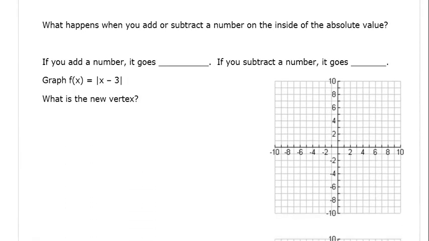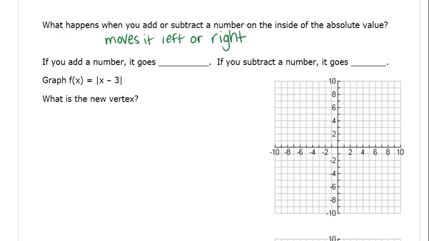Next page. What happens when we add or subtract a number on the inside of the absolute value? Well, hopefully you realize from the graphs we did the other day that it moves it left or right. Now the problem here is it's kind of opposite of what we would normally think.